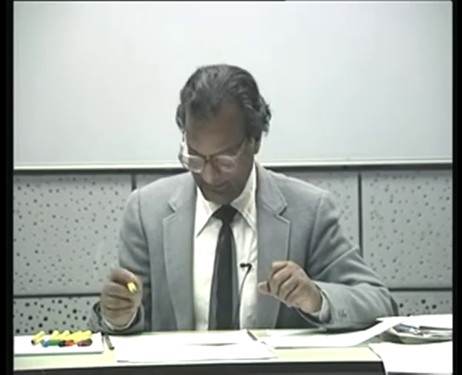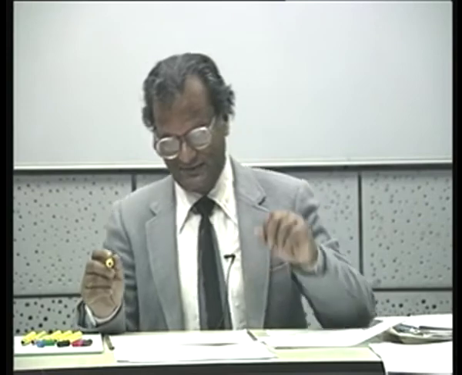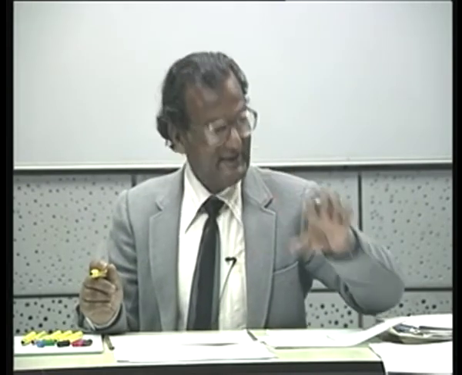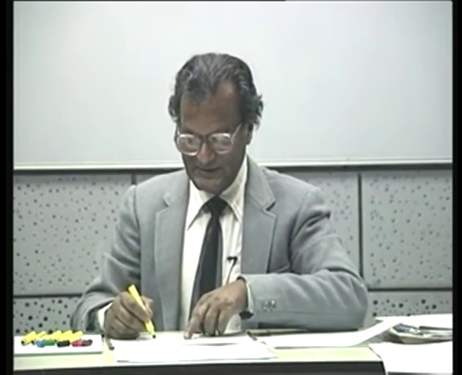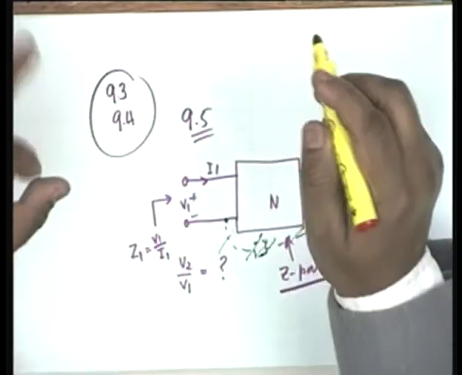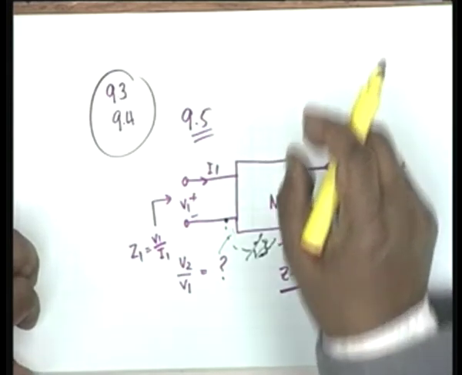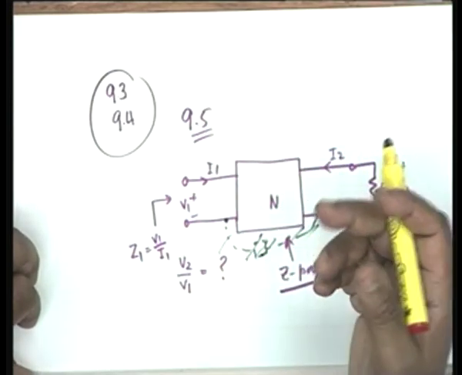But the basic assumption of T parameters is that the second terminal and the fourth terminal are short circuited. That is correct. The basic assumption is this, and as I said, it's a mathematical equivalence. Working with the equations and working with the mathematical equivalent circuit should be the same.